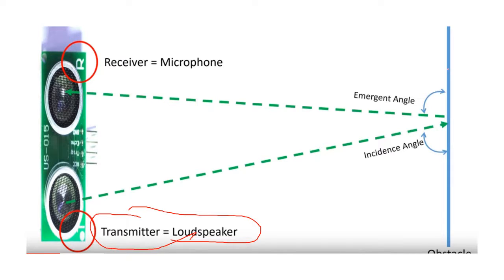So this is the obstacle. Maybe it's a wall, maybe it's a human being standing on the way, maybe it's a roadblock or stuff like that. Think about all of your projects and see which one works in which particular area and how we can use them.